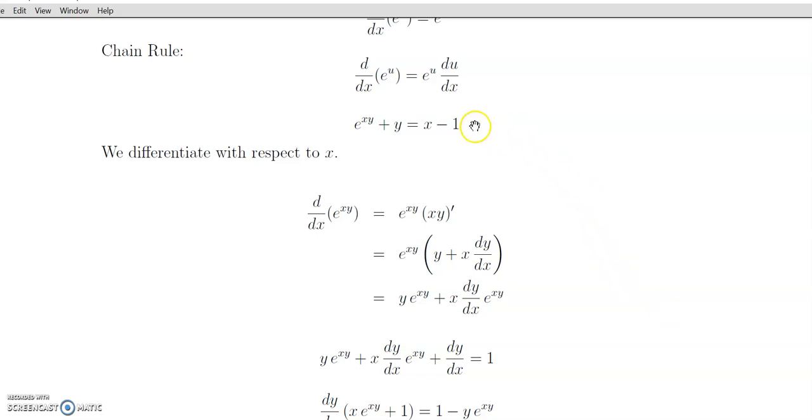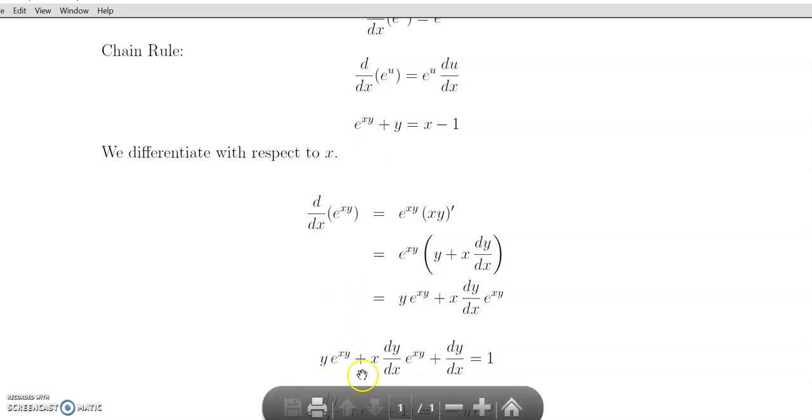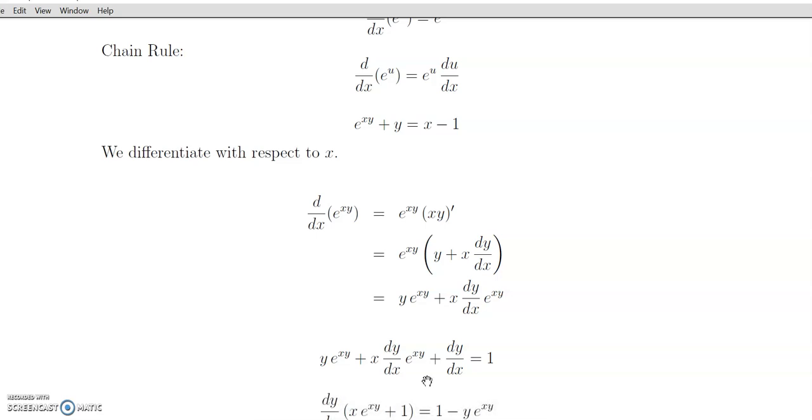Alright, so now let's take the derivative of the relation with respect to x. So the derivative of e^(xy) is y times e^(xy) plus x times the derivative of y with respect to x times e^(xy), plus the derivative of y, that's dy/dx, equals the derivative of x - 1, that is equal to 1.